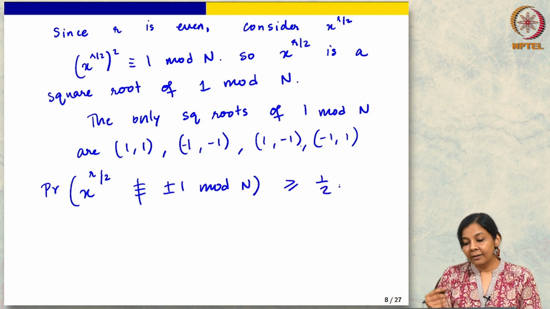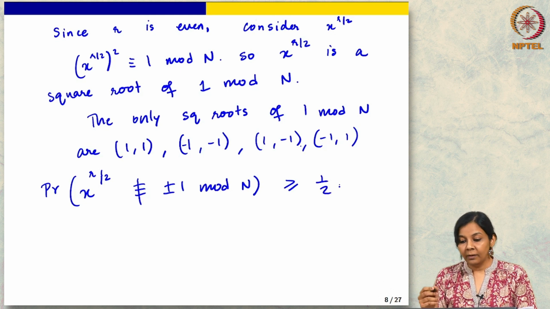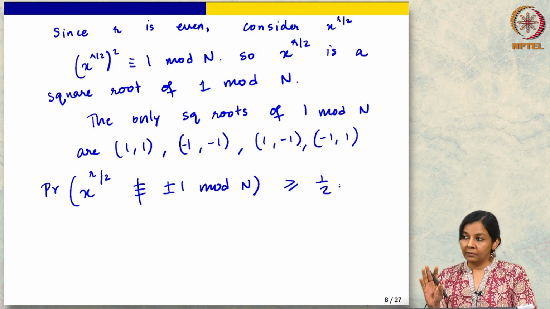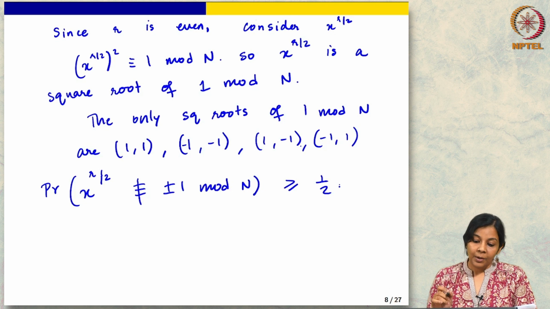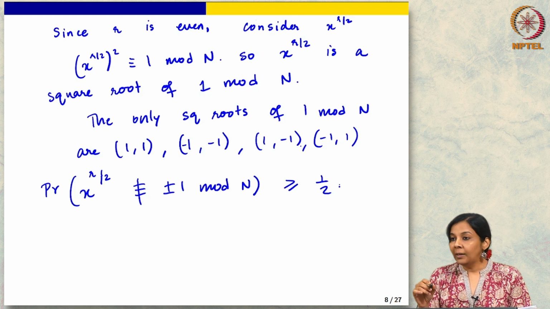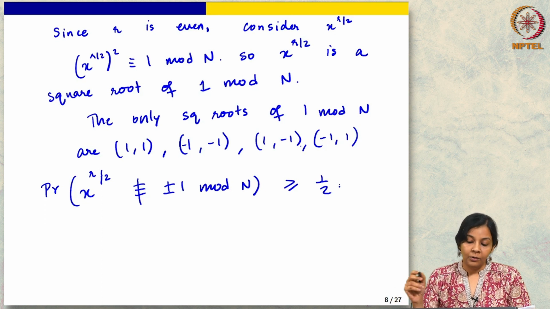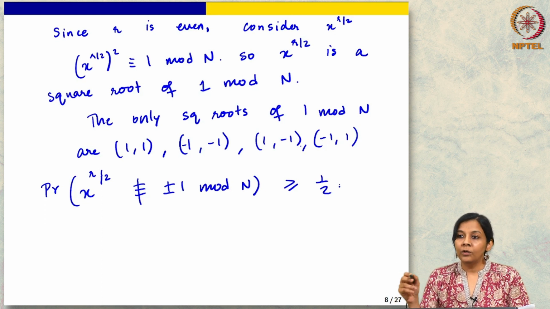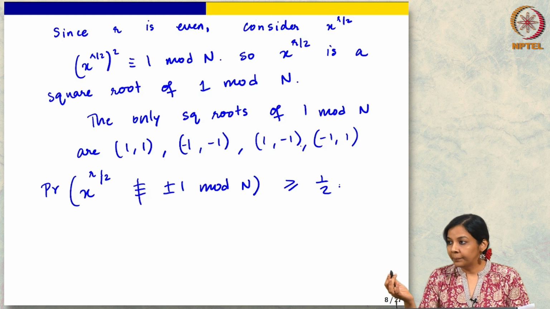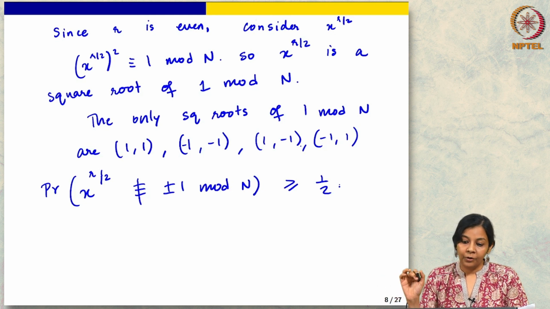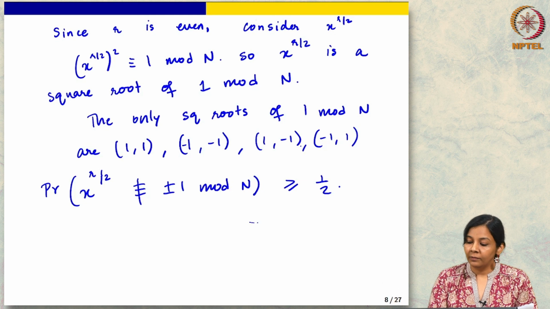Actually, here note that this is an inequality, because we know that r is the order of x. So, x to the r over 2 cannot actually be equal to 1. This would contradict r being the order of x. So, x to the r over 2 could be minus 1. Alright. So, anyway, this is the proof.